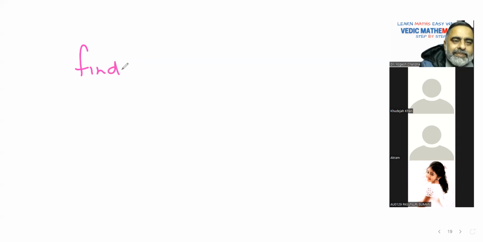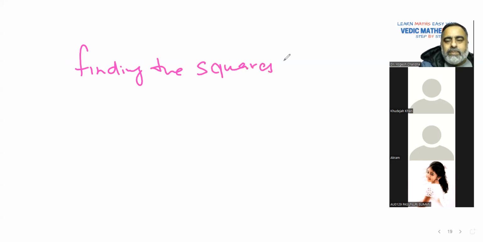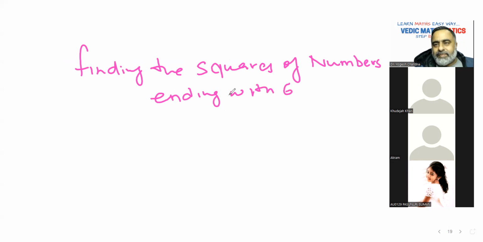Finding the squares of numbers ending with 6. Correct. Anyone who has a hint, how can we do? 5 का ही करना and then 1 square we have. 5 square 25 and 1 square 1.